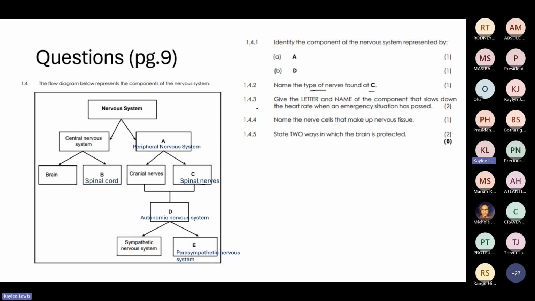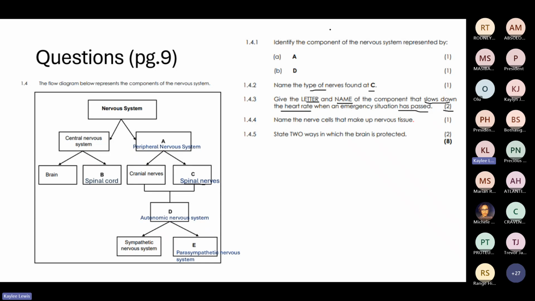Okay, 1.4.3 says give the letter and name of the component that slows down the heart rate when an emergency has passed. So that's returning the heart rate back to normal. And they want the letter and name. And look, it's for 2 marks. So it's so important you read the questions carefully.